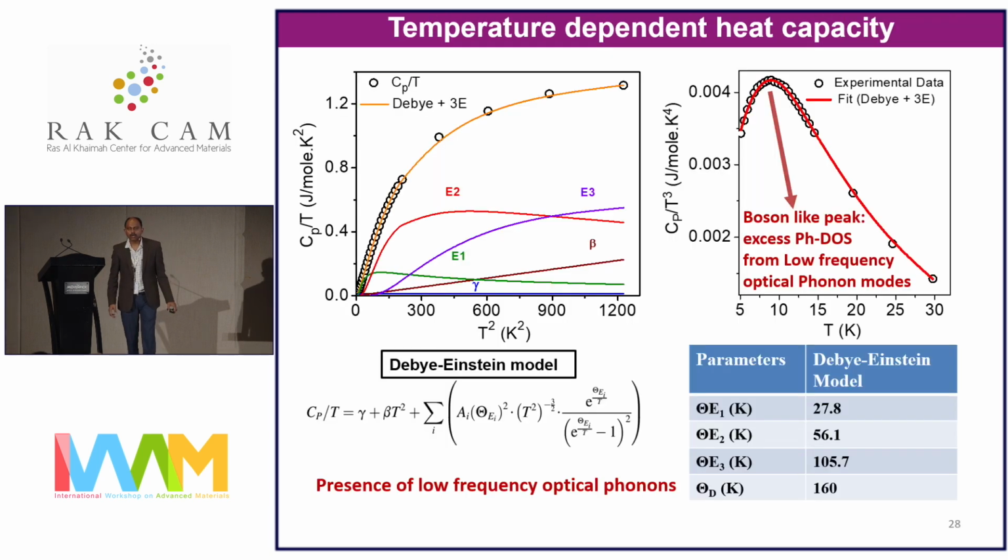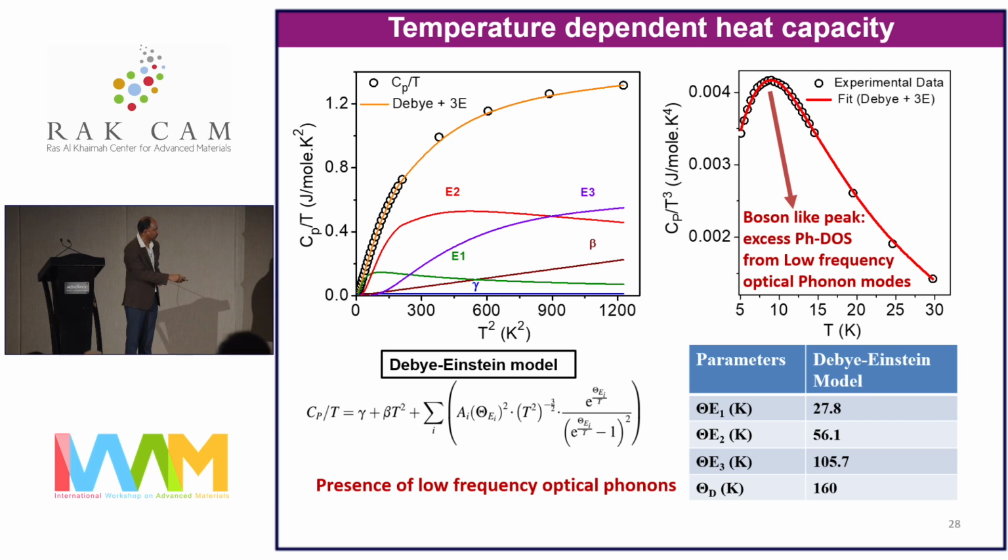Then we measured the low temperature heat capacity, and the low temperature heat capacity generally follows the Debye law. But you can see in this particular compound, this low temperature heat capacity, Cp/T versus T squared plot, could not be fitted by the simple Debye law. So we have to invoke the Einstein modes, which are basically localized optical phonon modes.